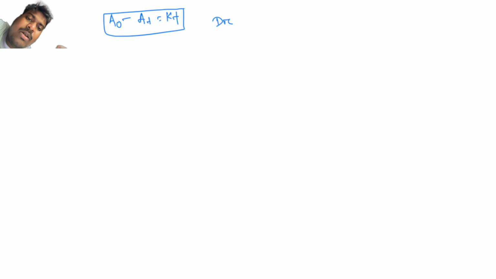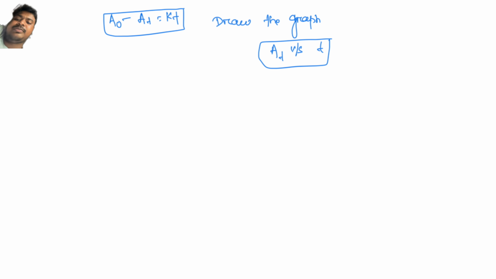Draw the graph. It is At versus t. So we have to convert it like that. It should become At equals A naught minus kt.